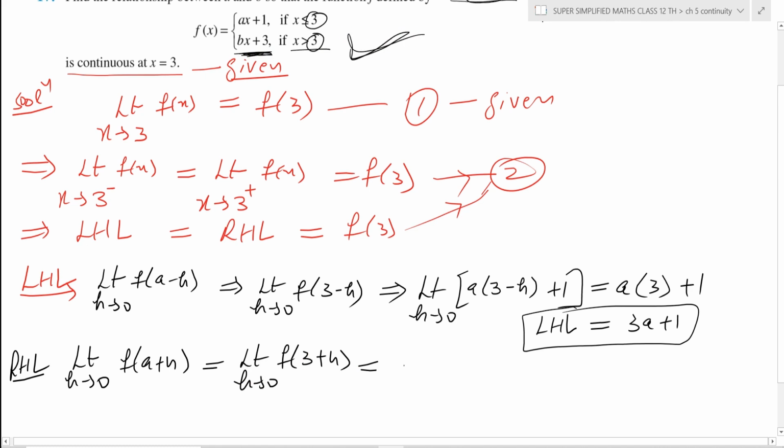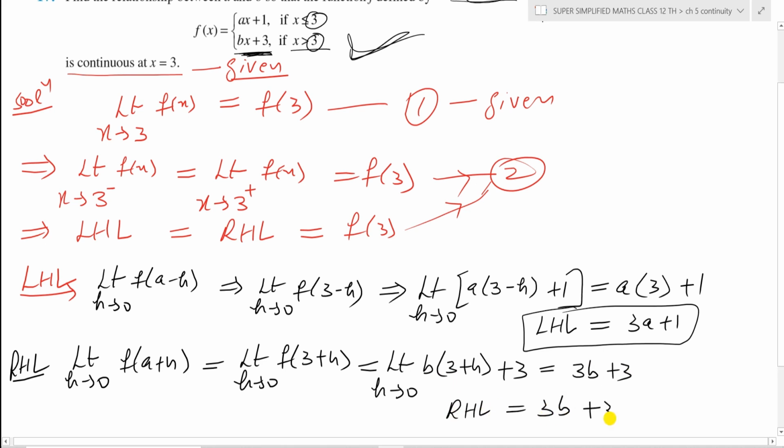So in place of fx, we have to write bx plus 3, and x will be replaced by 3 plus h. That gives you limit h tends to 0, b times (3 plus h) plus 3. Substitute h to be 0, so you get 3b plus 3. So the value of the right hand limit comes out to be 3b plus 3.